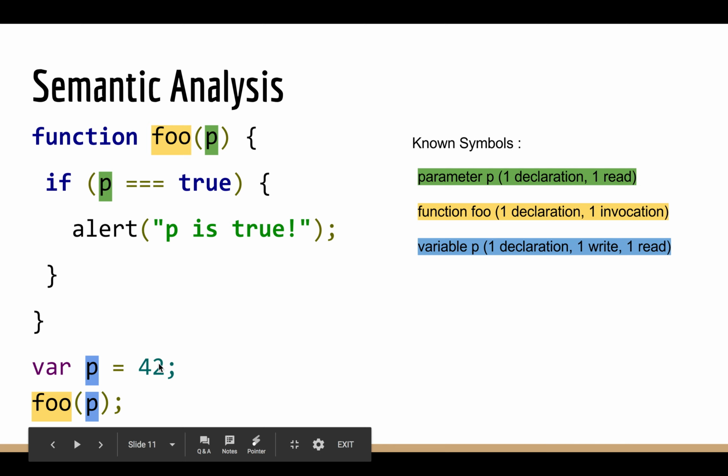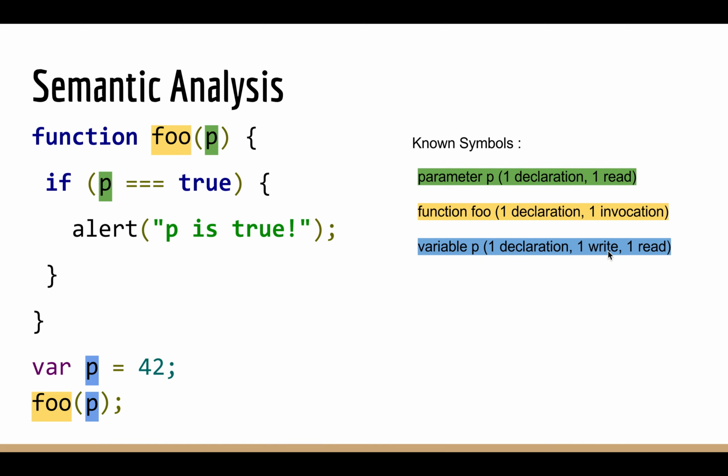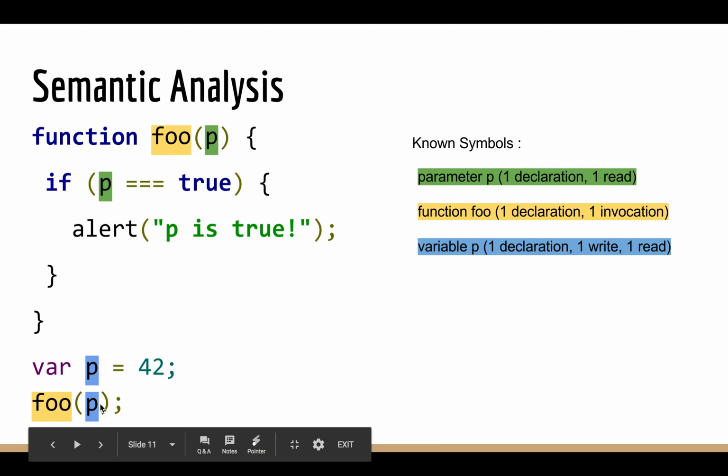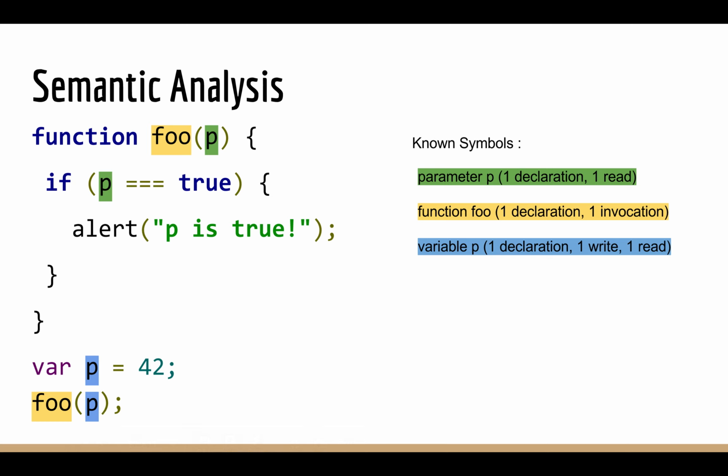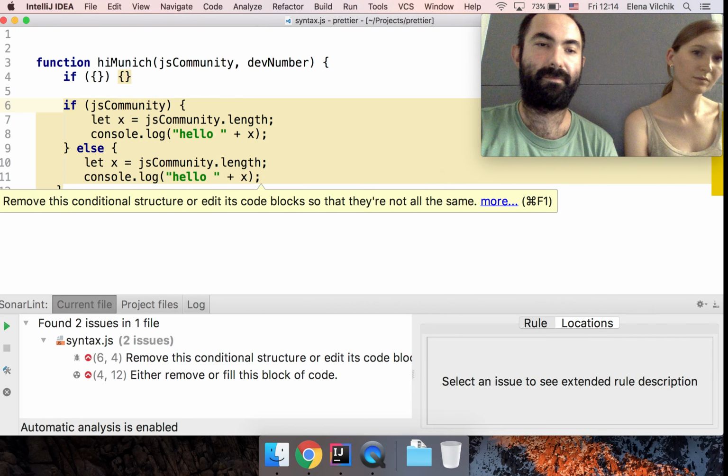It's written also here, you see, we say one declaration, one write, and then it's read once when it's passed as a parameter to foo. So at this level of analysis, we can find some other interesting stuff.